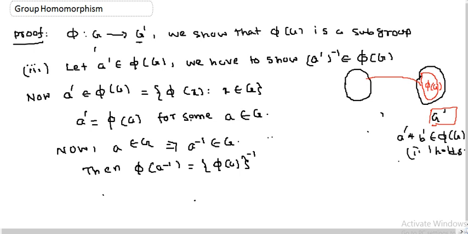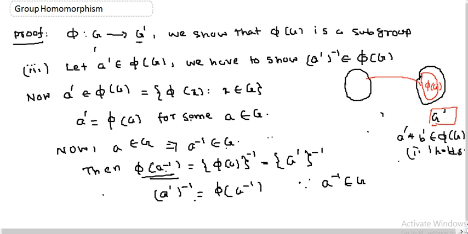So phi of A is A dash, so A dash inverse is phi of A inverse. Since A inverse belongs to G, phi of A inverse belongs to phi of G, which means A dash inverse belongs to phi of G.